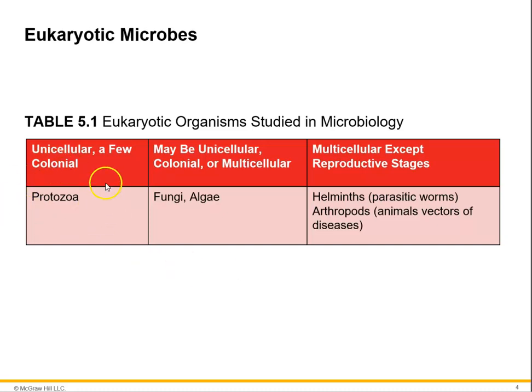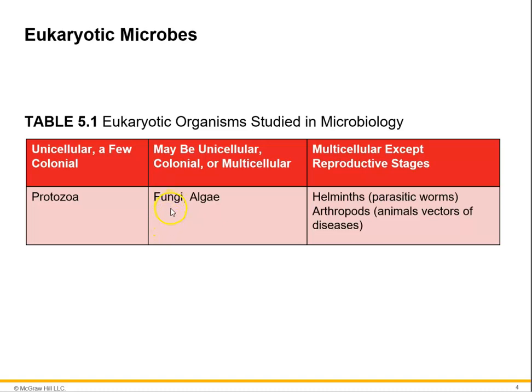The protozoa, these are unicellular eukaryotes. They lack a cell wall, and some of them have flagella or cilia that help them move about in their environment. Some of them are amoebas that have pseudopods or false feet that help them move around their environment. Then you've got the fungi and the algae.